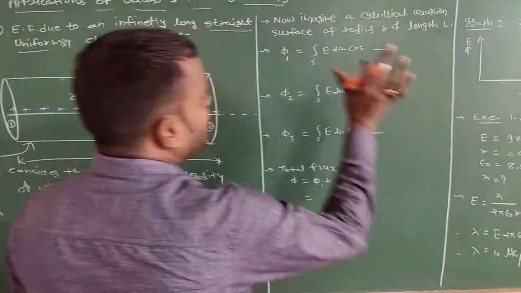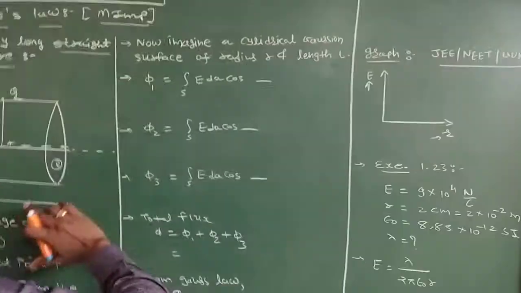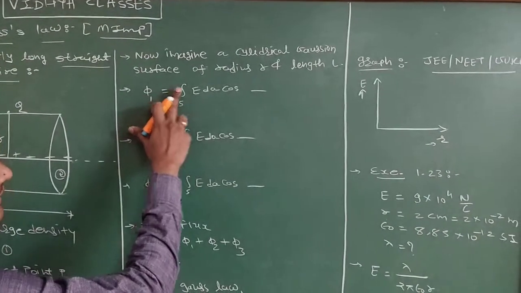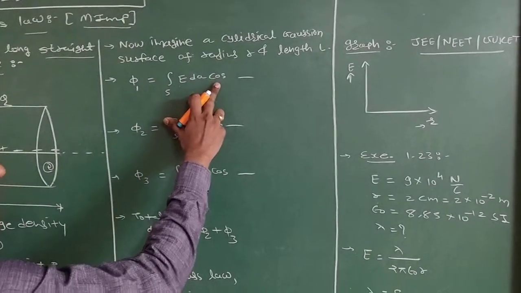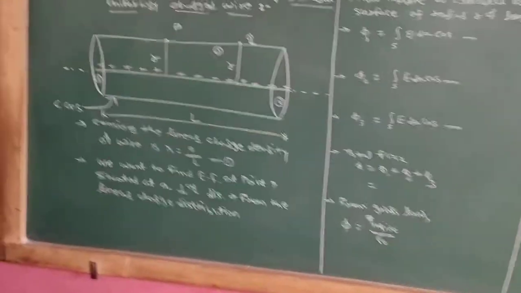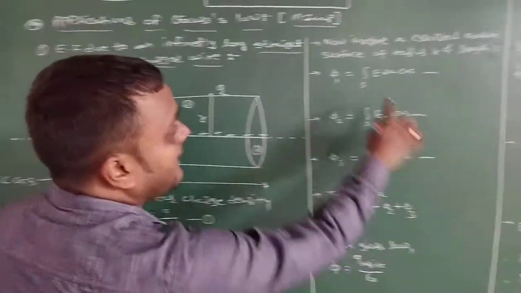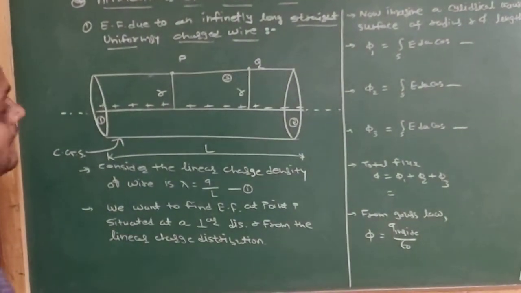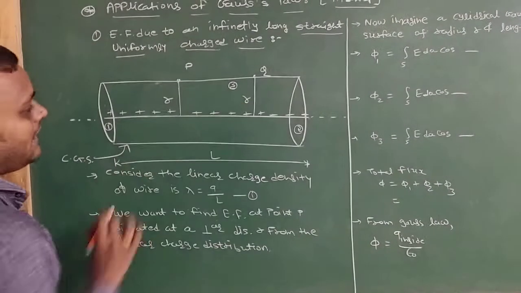Electric flux for surface 1 is the surface integral of E dA cos theta. What is theta? The angle between vector E and vector dA. So we have to specify the direction of E and dA at these 3 places.